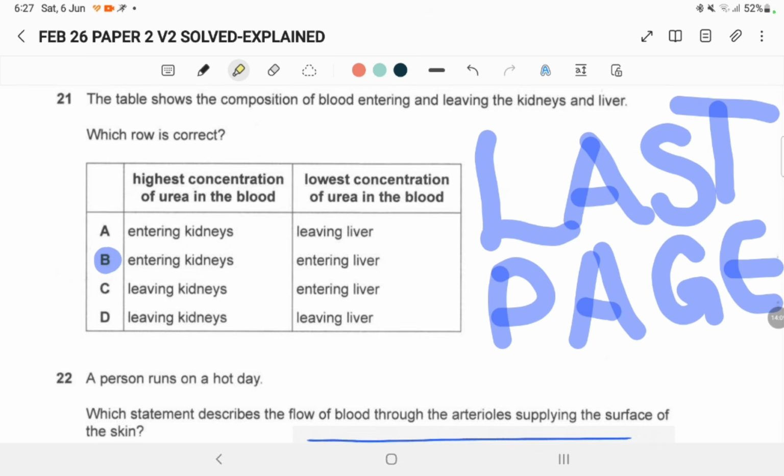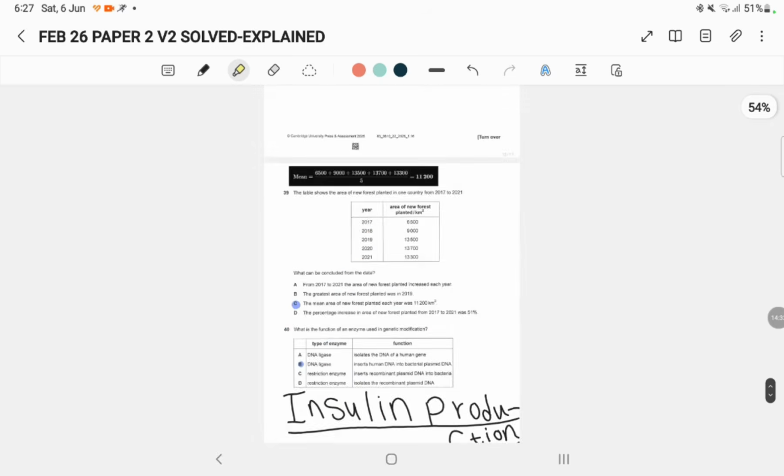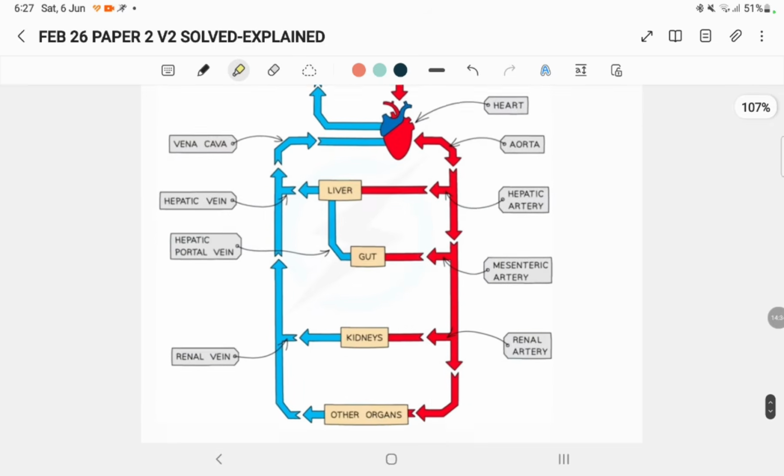So it enters the kidney where ultrafiltration occurs and it's excreted out of the body, right? It's very simple. You just excrete the urea. Of course, the highest concentration of urea will enter the kidney for ultrafiltration, and the lowest concentration of urea in the blood will be entering the liver. For what purpose? Of course, it will be needed for breakdown and for other purposes. And the last page in this exam paper, as you can see, I have left for you the liver.